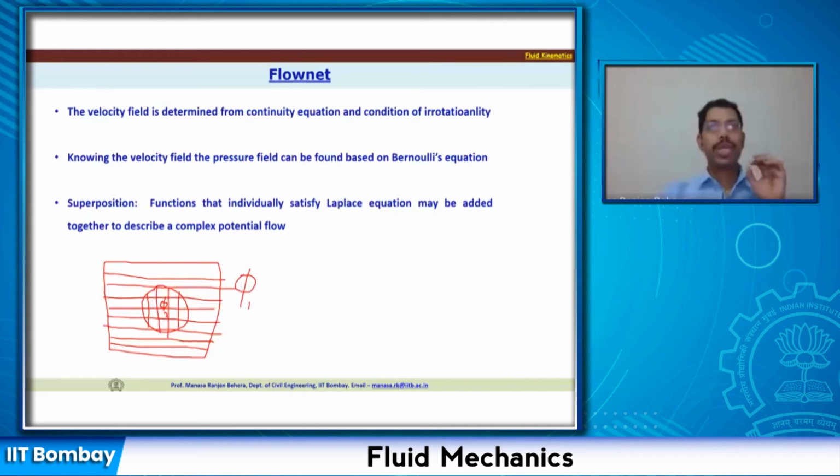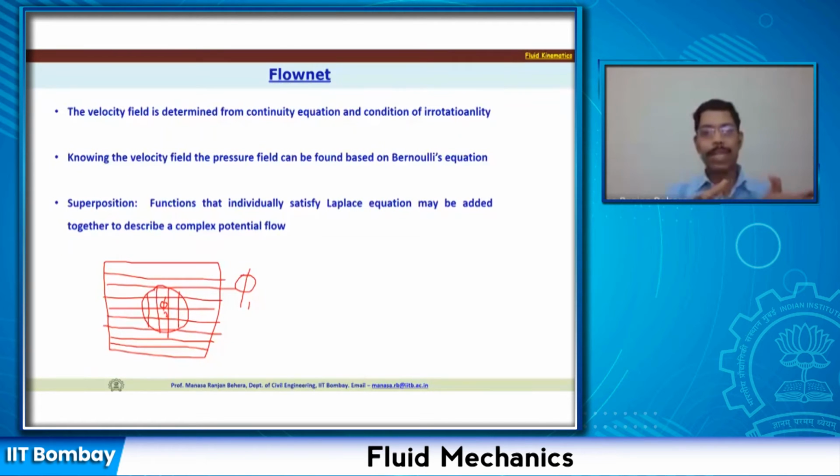If I take phi1 minus phi2, basically I am subtracting the island, so my island is not there. So if I use phi1 minus phi2 and get the solution for that, that gives me the solution for the flow domain. That is the advantage.